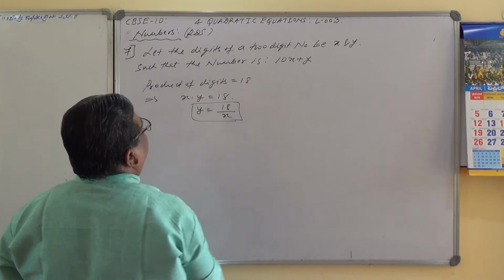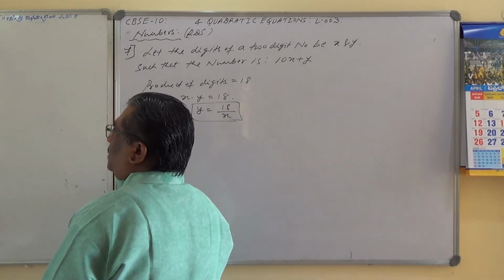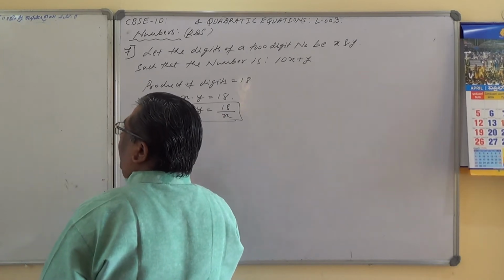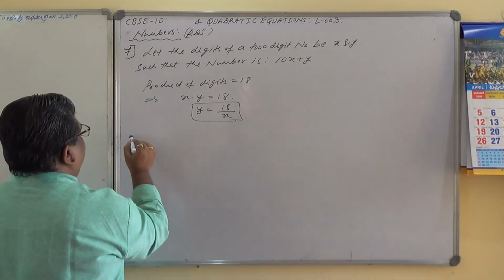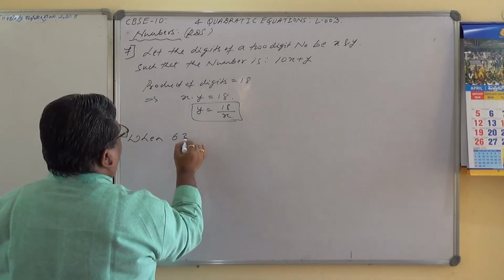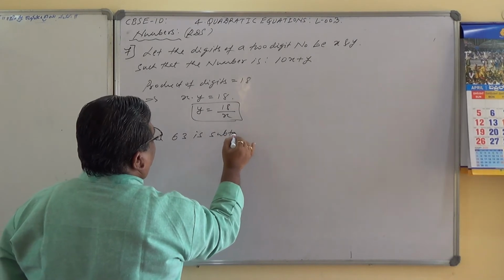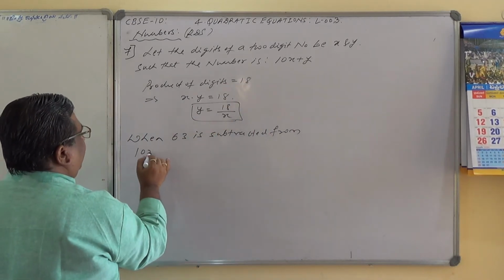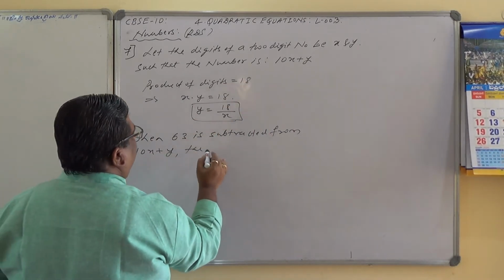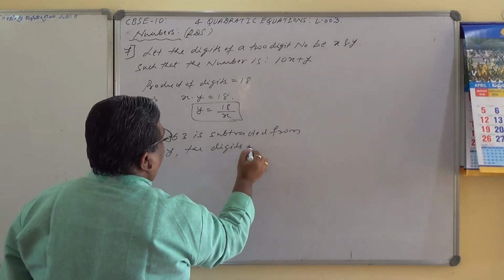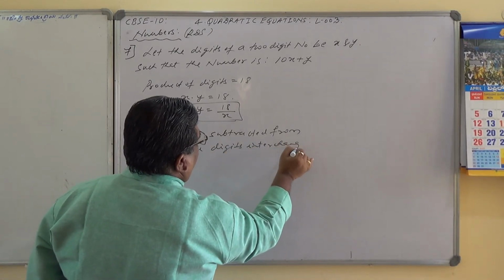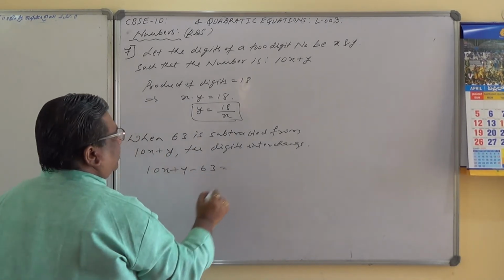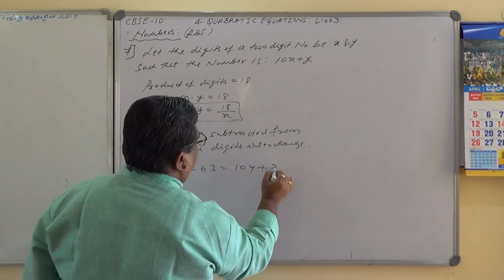Keep this one. Next, when 63 is subtracted from the number, the digits interchange their places. When 63 is subtracted from the number, means from 10x plus y, the digits interchange, meaning 10x plus y minus 63 equals 10y plus x.